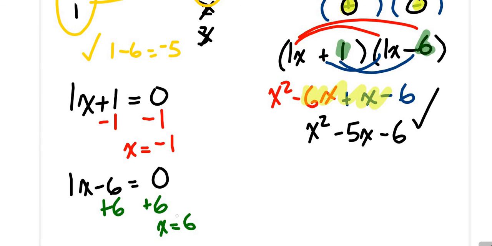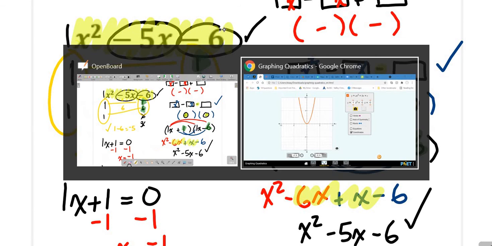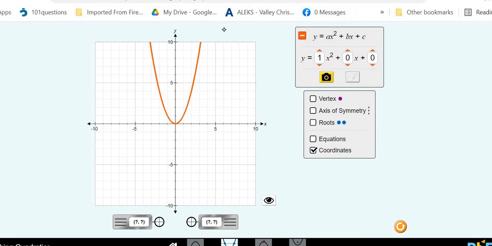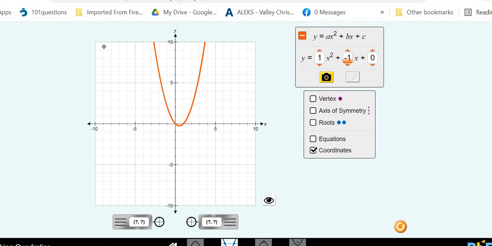And let me demonstrate on this lovely website that I recommend you take a look at. We're going to take this equation right here, x squared minus 5x minus 6. On this website, and it's called Graphing Quadratics, I will add this, and now we're going to plot this. That was 1x squared minus 5x.